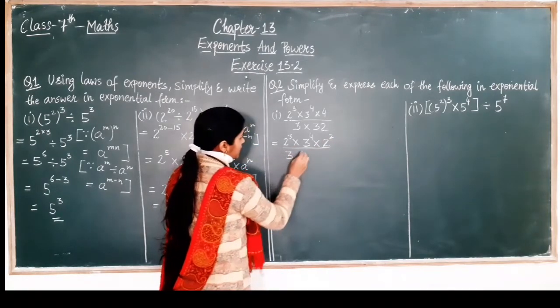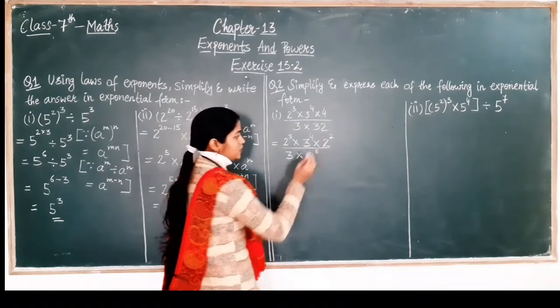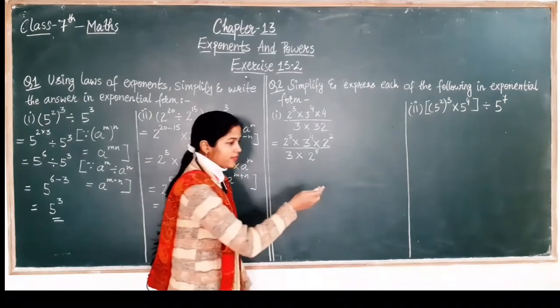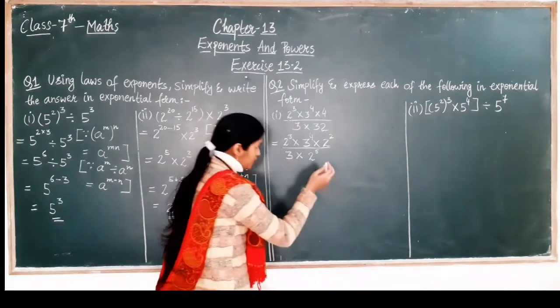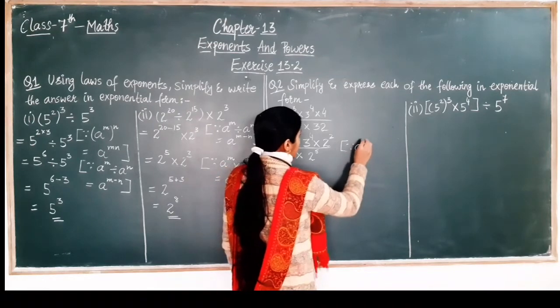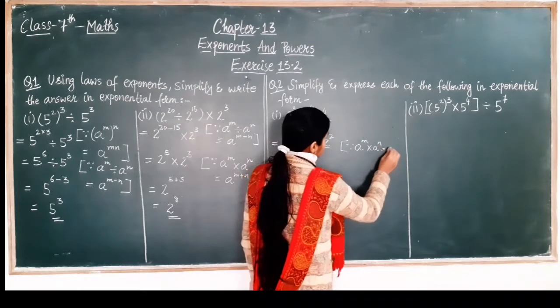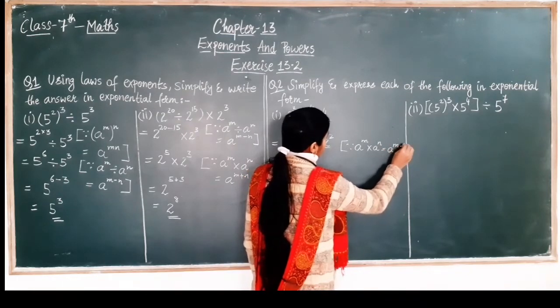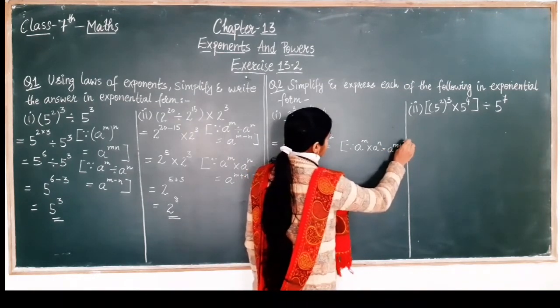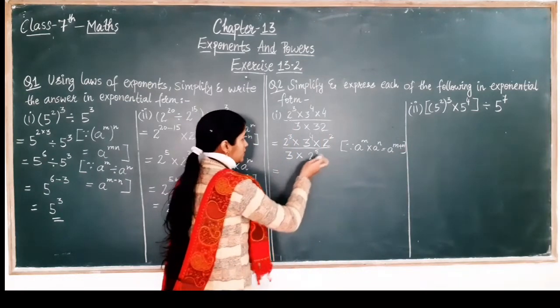Then it is 3 multiplied by 32. 32 can be written as 2 raised to the power 5. So here we can use the formula a raised to the power m multiplied by a raised to the power n is equal to a raised to the power m plus n. Okay. For further solving the question, we have to use this formula.